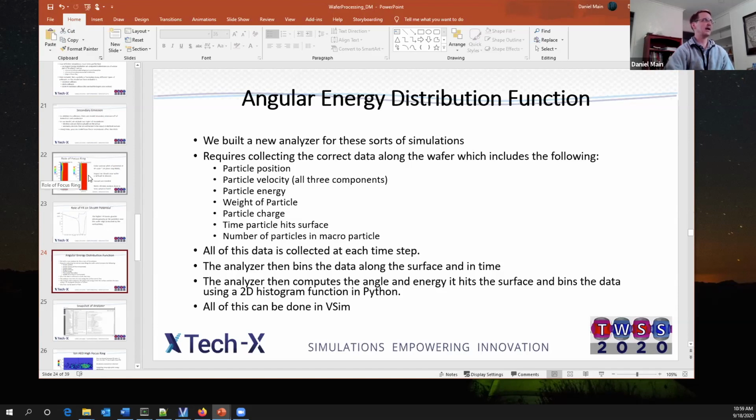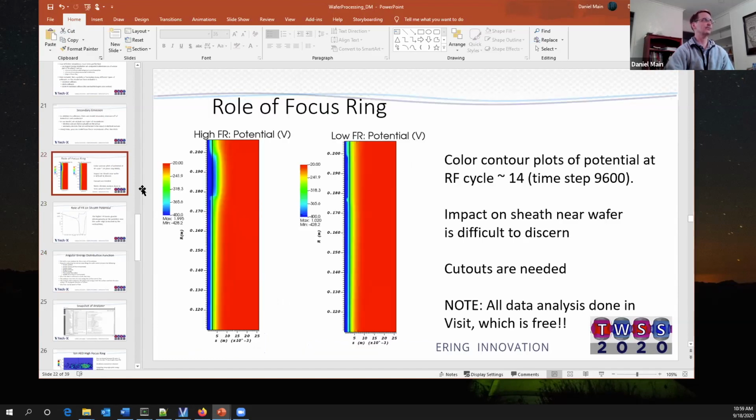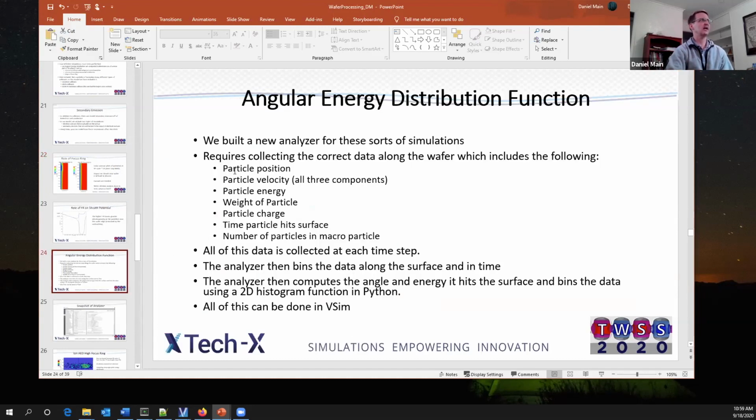Let me go back real briefly to this picture. This is the wafer right here. When an ion hits that wafer, for every single ion that hits the wafer and every single time step, it collects this data, which I'm about to show you. It collects the position.